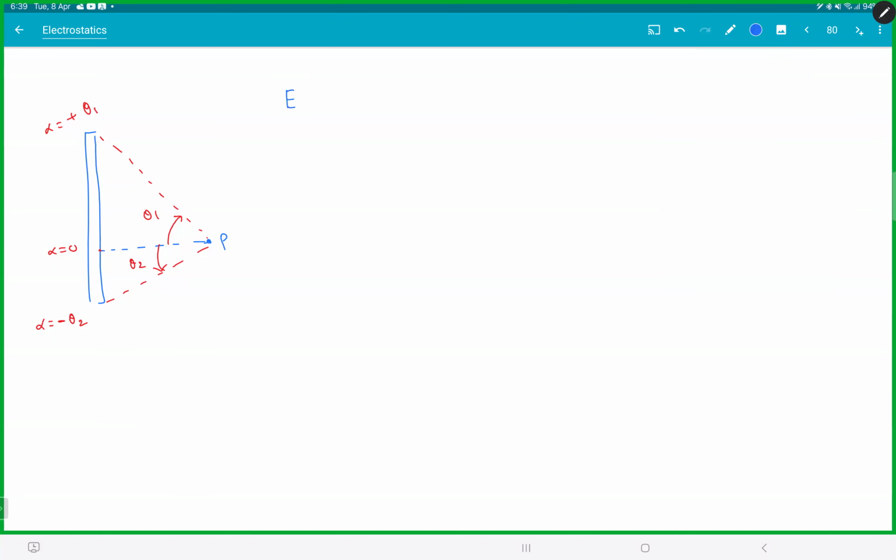So now the limits will be: integral E_P equals integral dE vector. This will be k lambda by d, which is constant, integral cos alpha d alpha i cap, limits going from minus theta 2 to theta 1, plus integral sine alpha d alpha, minus theta 2 to theta 1, j cap.